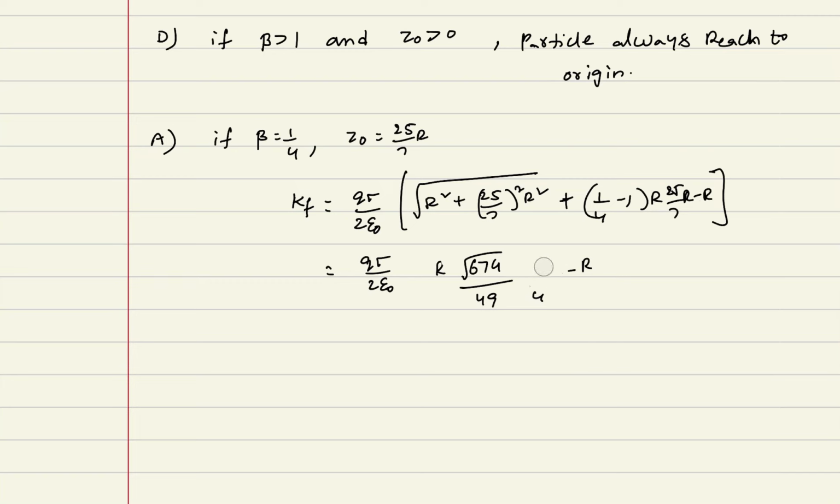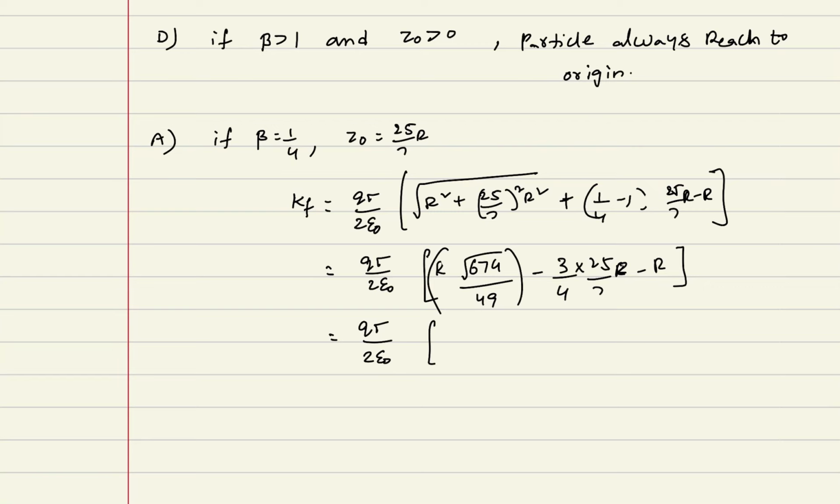Into z naught also there. Here the z naught value is 25 by 7 into r minus r. You substitute the value of this. You can write minus 3 by 4 into 25 by 7 r minus r. Sorry, this is r only. You substitute properly: q sigma by 2 epsilon naught into root 674 divided by 49 is there.